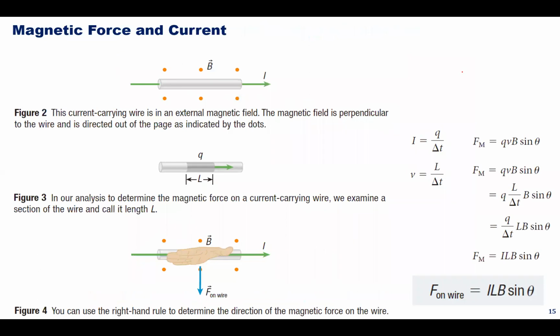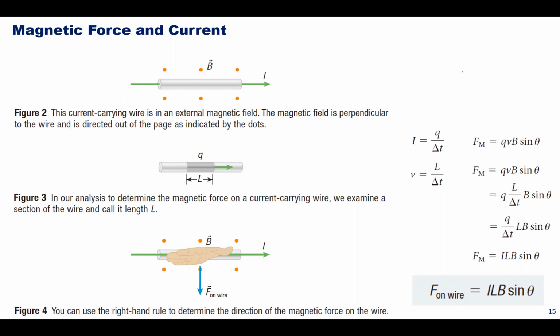So let's have a look at the magnetic force and current. An electric current consists of a collection of moving charges. We can therefore use a formula for the magnetic force on a single moving charge to determine the magnetic force on a current-carrying wire. This force is important in many applications, including electric motors. Consider a current-carrying wire placed in an external magnetic field as shown here in figure 2.